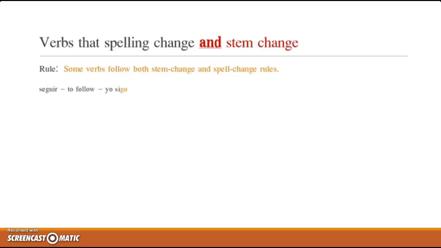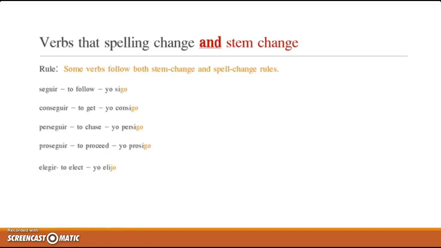So we have the verb seguir, to follow, which is yo sigo. Again, we have to drop that U before an O or an A. All right, so now there's a whole bunch of seguir verbs. They all act like seguir. Conseguir is to get, perseguir is to chase or to pursue, and proseguir is to proceed.